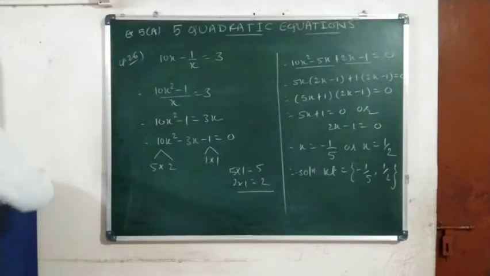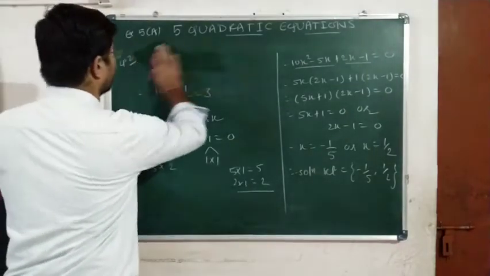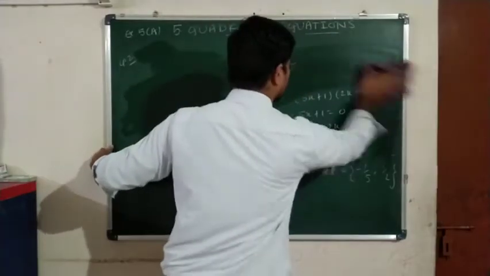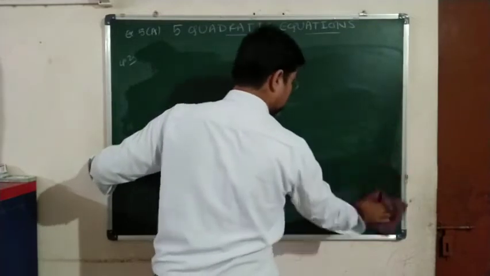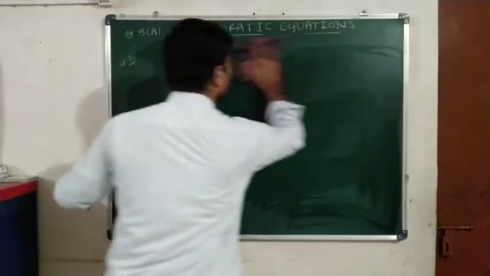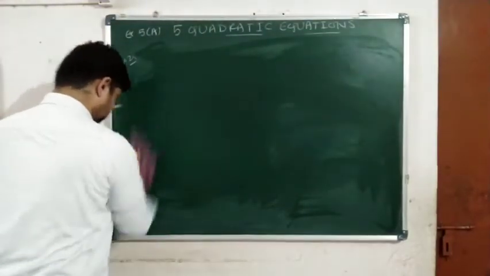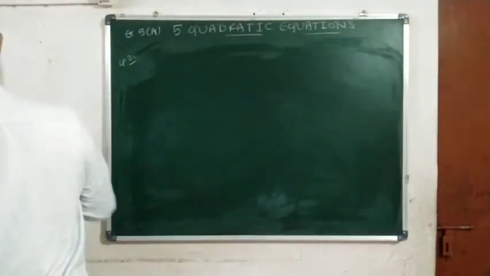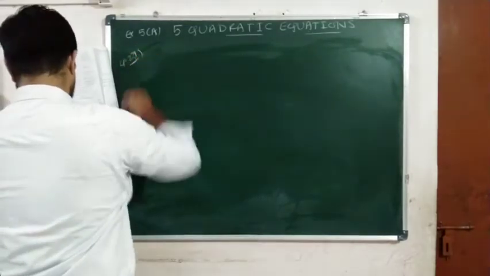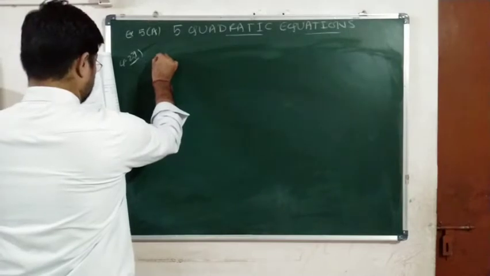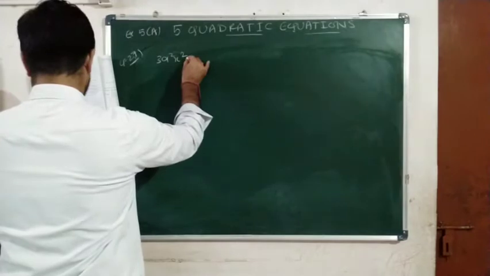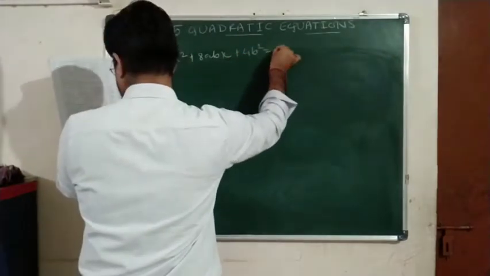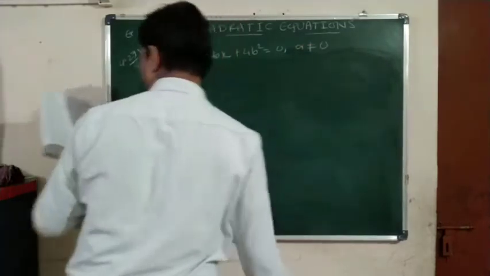Now question number 27. It is given 3a square x square plus 8abx plus 4b square equals 0, a is not equal to 0.